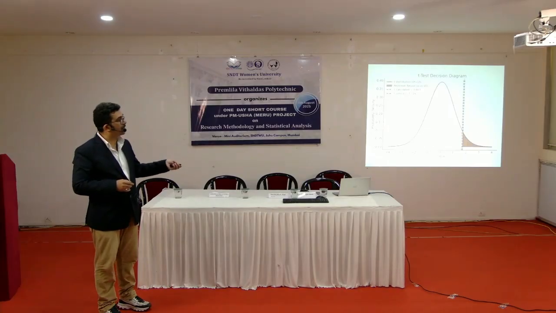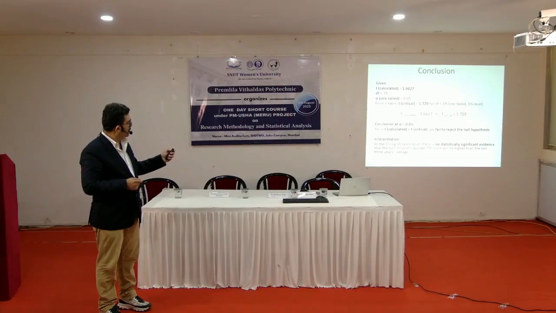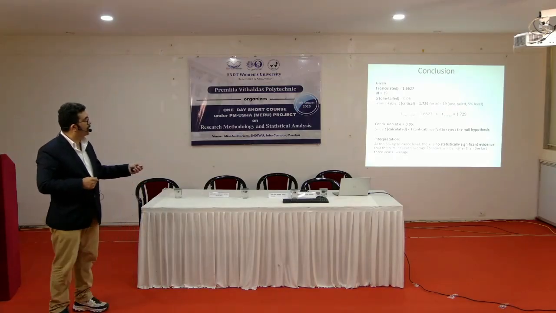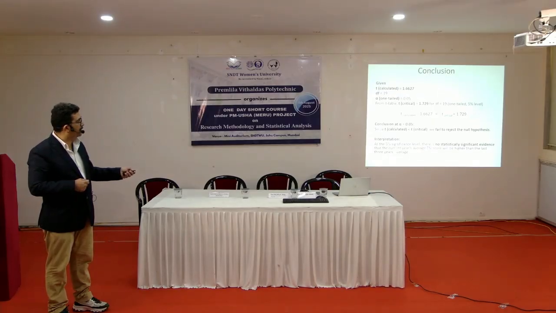Now this graph is drawn by ChatGPT. Now I am showing you live. So the conclusion is: calculated value is 1.6627, degree of freedom is 19, alpha significance level was 5%, and from the t table we found critical value 1.729 at degree of freedom 19. So the calculated value was less than the critical value 1.729.